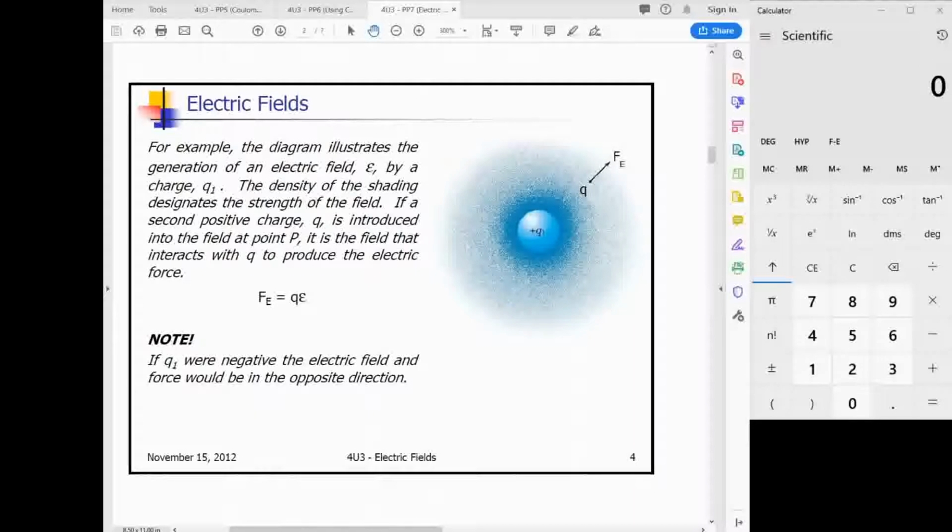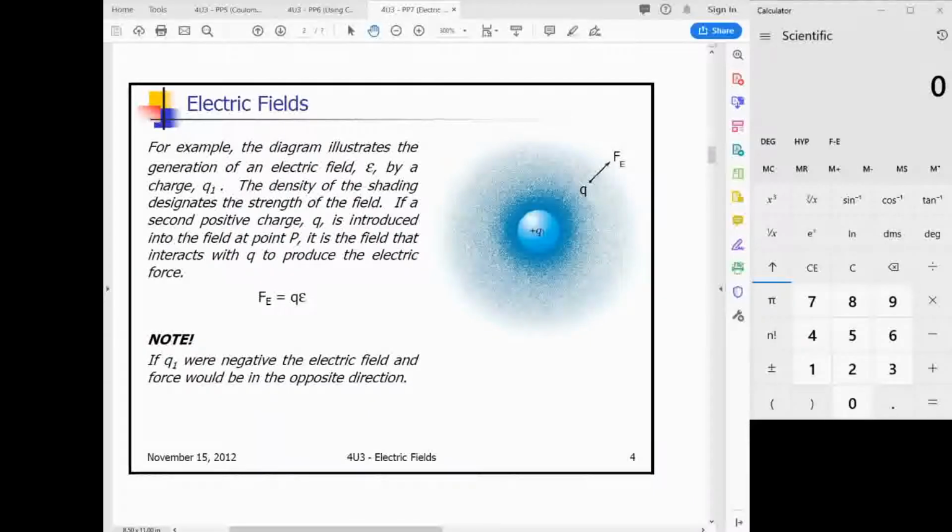That Q, we call a positive test charge, and in general we treat it as positive. So anytime we are in a positive electric field, it would be repelling away from the source, and anytime we're in a negative electric field, that positive test charge would be attracted.